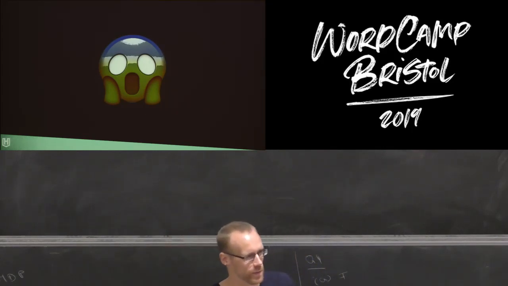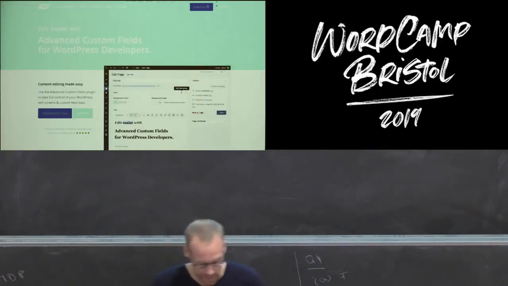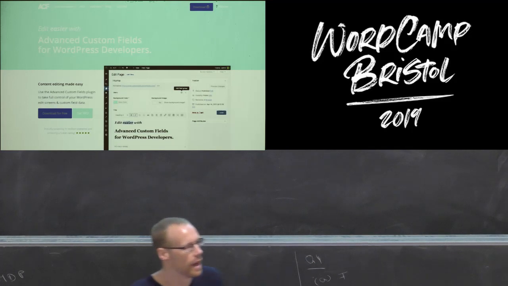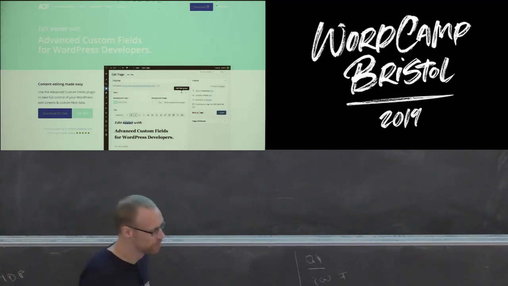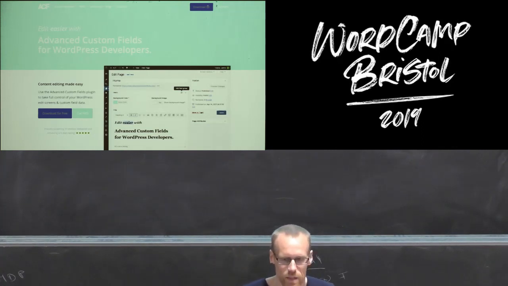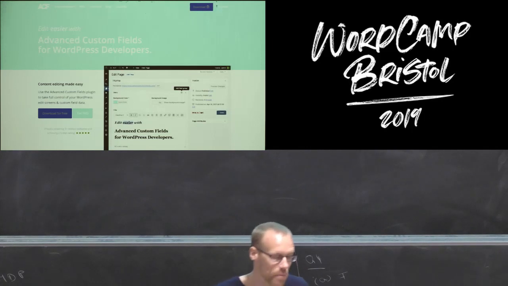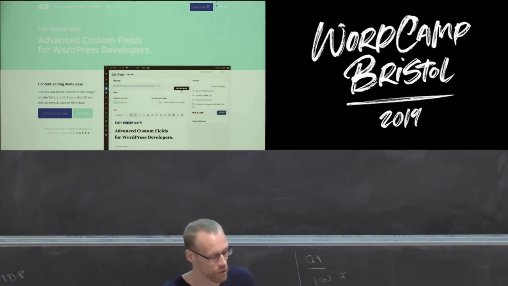However, there is good news. Now, like a lot of people, I used a brilliant plugin called Advanced Custom Fields. I'm sure that lots of people in the room use it to create the sort of editing experiences for our clients. I think David mentioned it in the first talk this weekend, and others have already mentioned it.